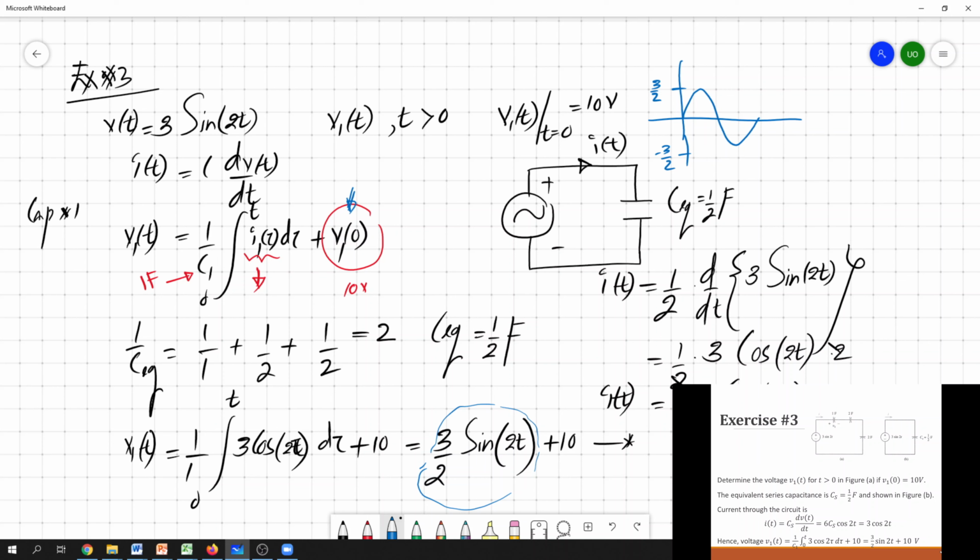But with this initial condition, it is something like that. Here it's 10, this is 11.5, this is like 8.5. So this is the exact voltage across capacitor 1. If you simply ignore this initial condition, you can't get this kind of a trend at the end. So keep in mind, you have to consider the initial condition as well.